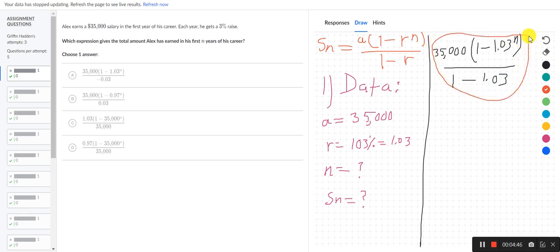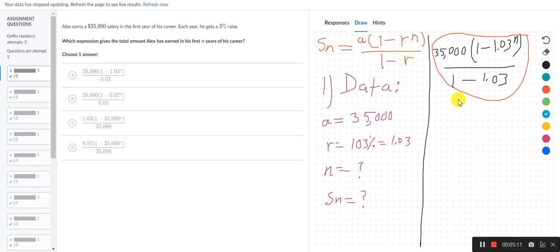So let's see if we have something similar to that. Okay, the first one, A, here is 35,000 times 1 minus 1.03 raised to the nth power. And here, well, we can further simplify this.